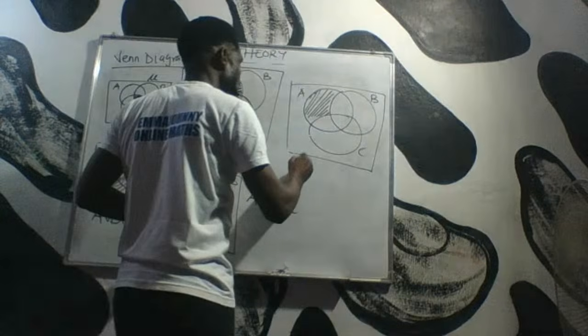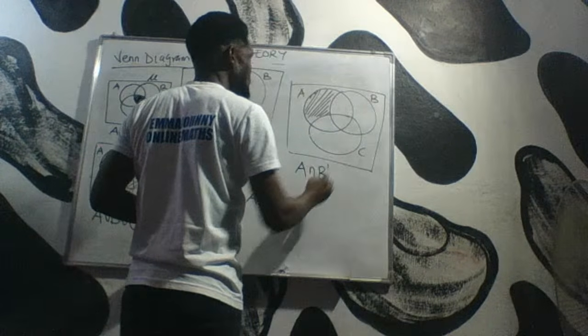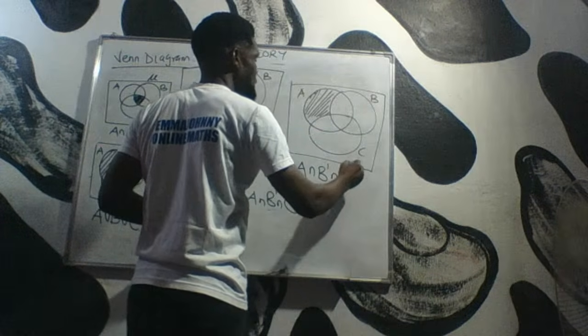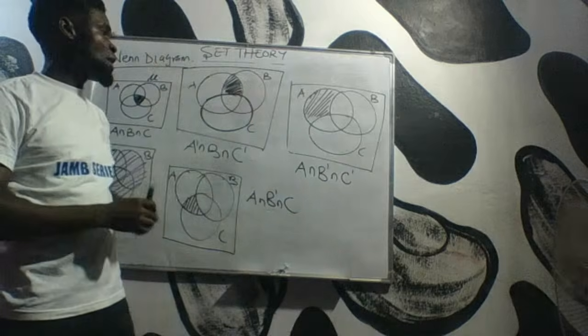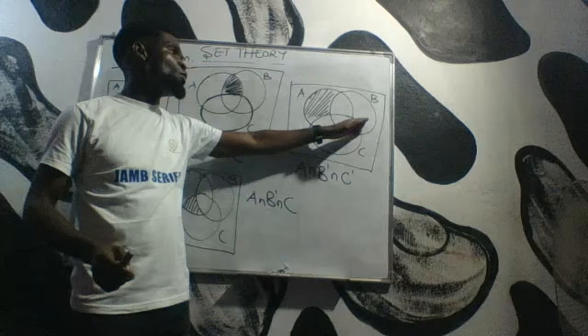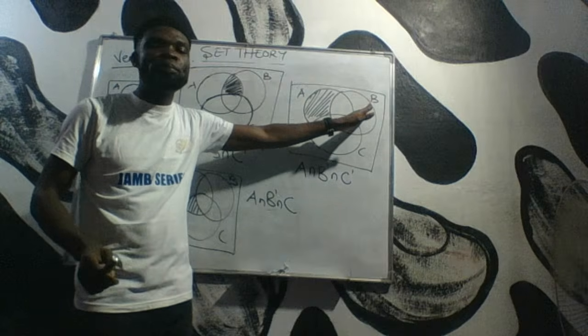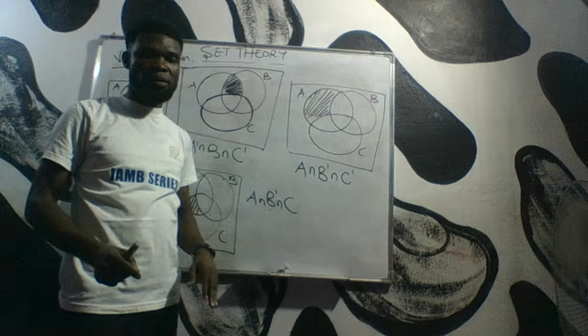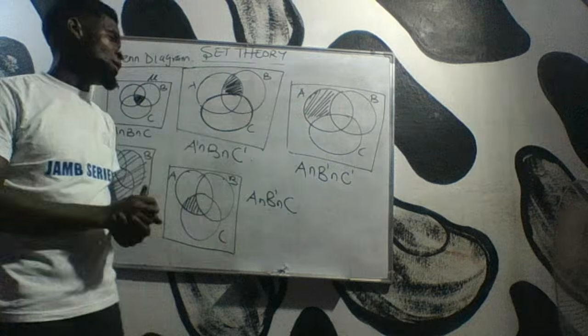So that is going to be A intersection B complement intersection C complement. If I shade only this place, it will be A complement intersection B intersection C complement, and so on and so forth.